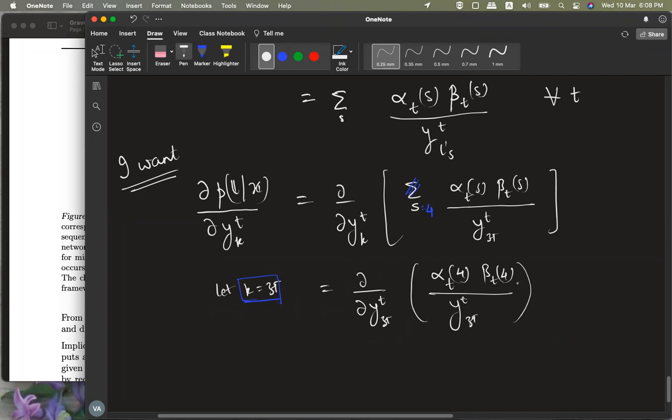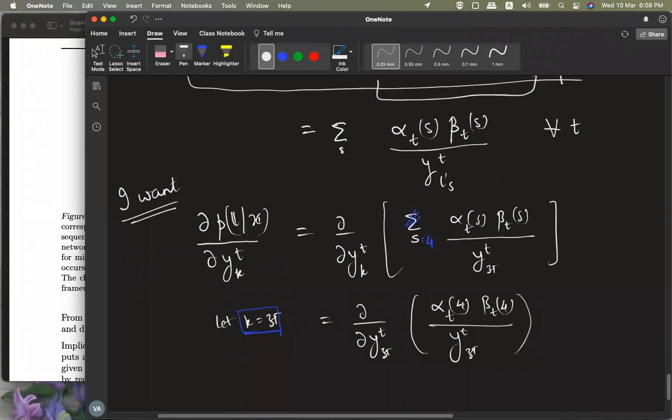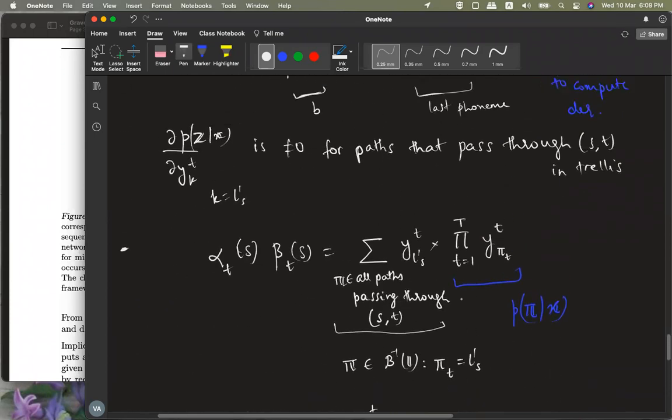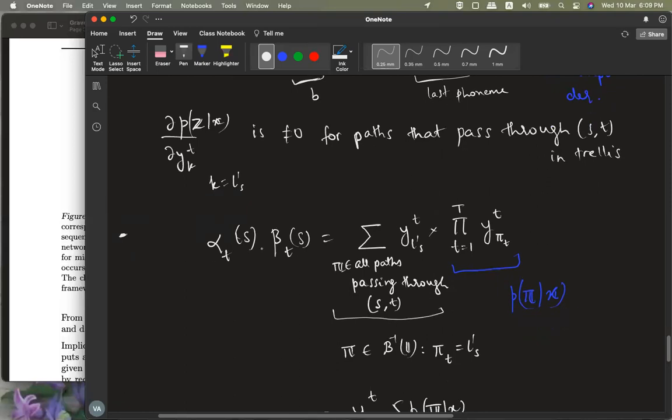Now look at this term. Can you express it in terms of y_k^t, y_t? Alpha_4t is basically this product. So how many times is this y_t appearing in this term? Twice, one here and one inside this summation. Actually, there is a notation overload.